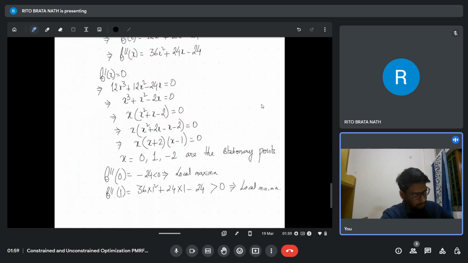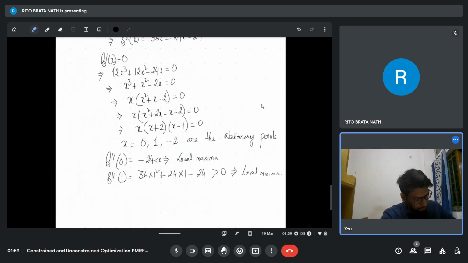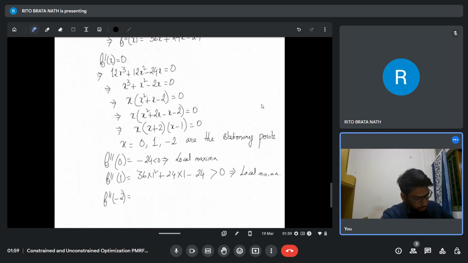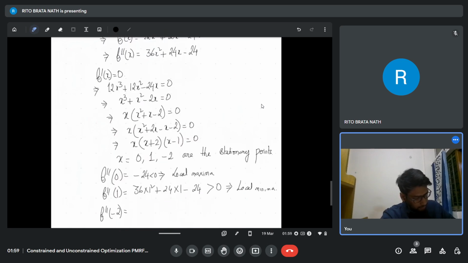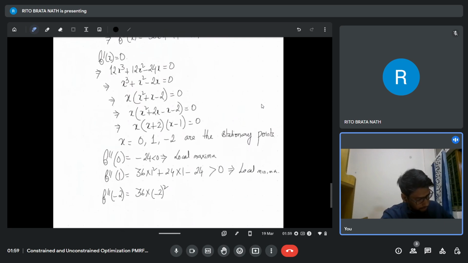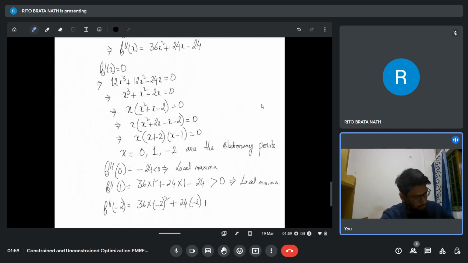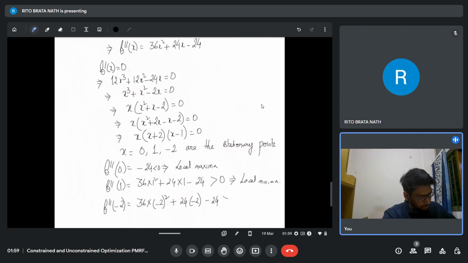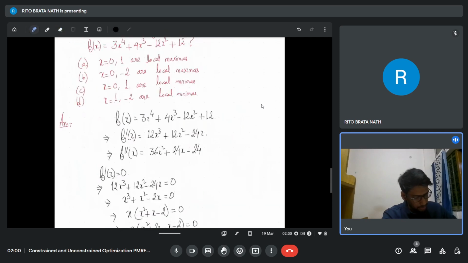And finally I have minus 2 here, so it's 36 times minus 2 square plus 24 times minus 2 plus minus 24, right? This is fine. This is also greater than 0, so that means this is a local minima. So 1 and minus 2 are local minima. So that's option D is correct.